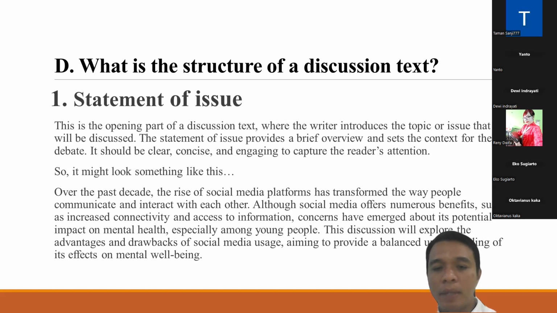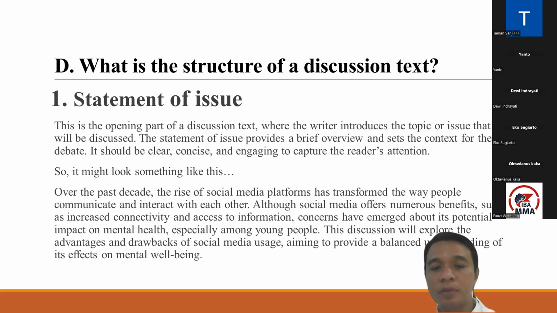Although social media offers numerous benefits, such as increased connectivity and access to information, concerns have emerged about its potential impact on mental health, especially among young people.